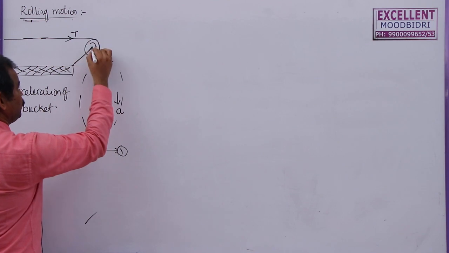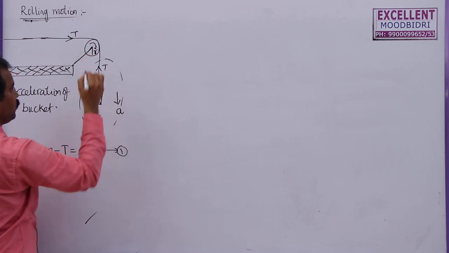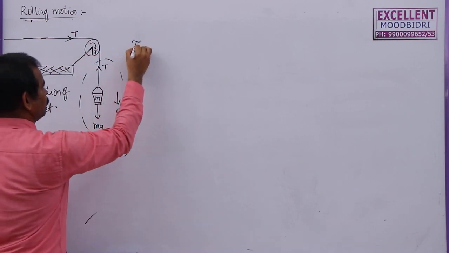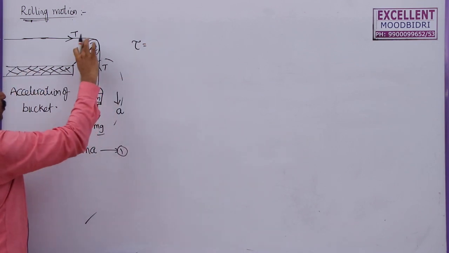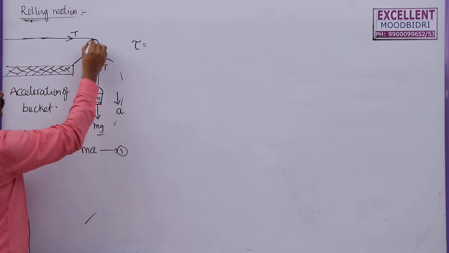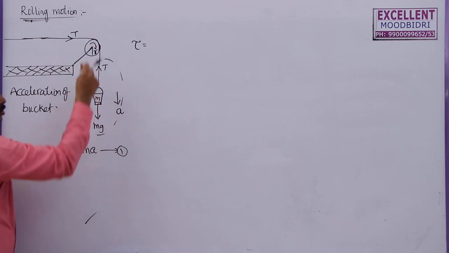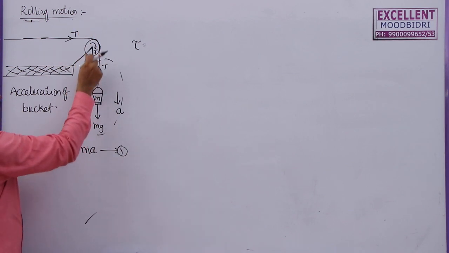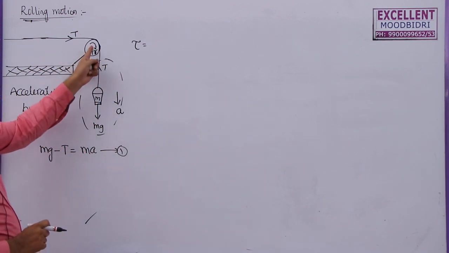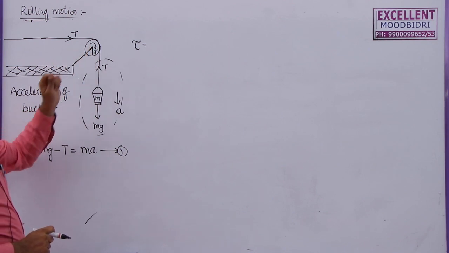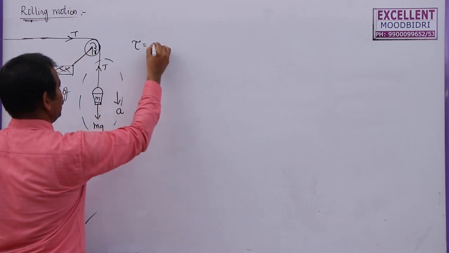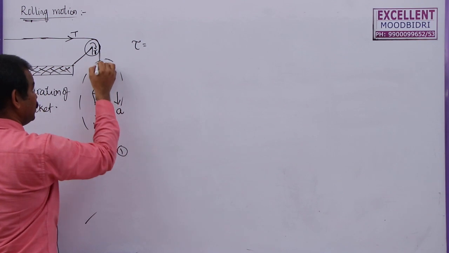Here we know that if the radius of the pulley is given by small r, we can write that torque is produced here, because why is it rotating? Because of the rope passing over this. So the tension in the string is producing some torque about the center of the pulley, which is given by F into R. But here what is that force?